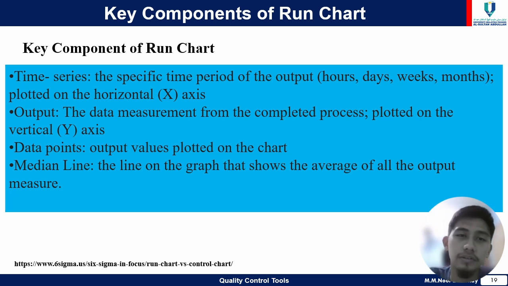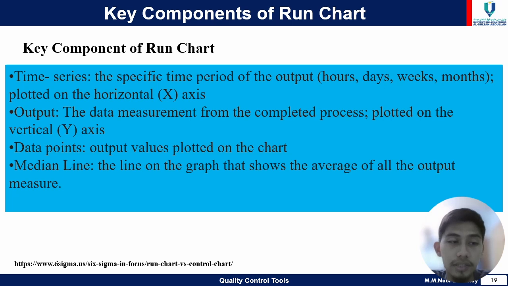Okay, key components of a run chart. There are four key components for the chart. The first is the time series, the specific time period of the output, such as hours, days, weeks, or months, plotted on the horizontal x-axis.